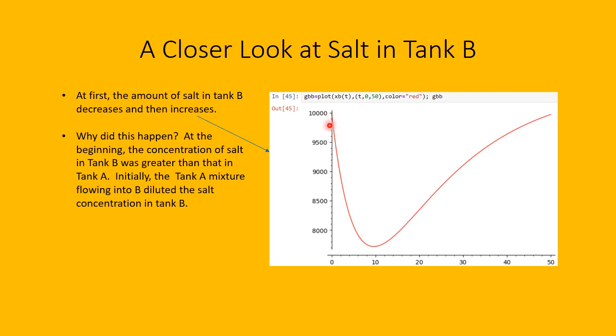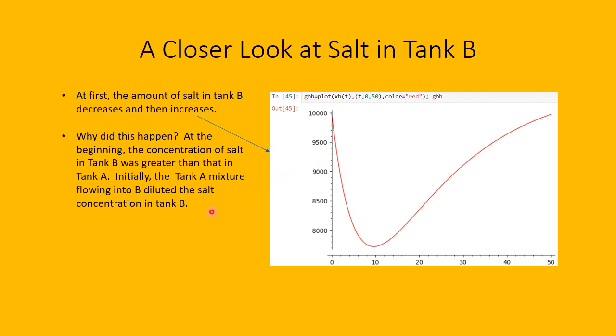So what we can see from here is the amount of salt in the tank, measured in grams, I believe, starts at time 0 at 10,000 grams of salt. Then the amount of salt decreases until it looks like about time t equals 10, and then it starts increasing again. And here, if we went further out, we would see that it eventually levels off.